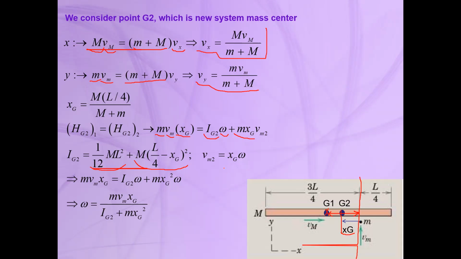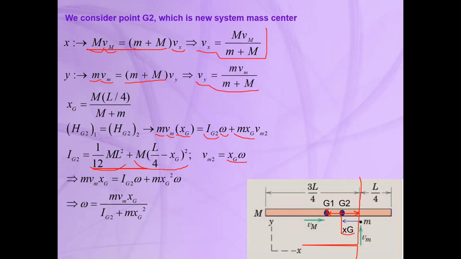And also we know that the velocity of the particle after the impact is equal to xg times omega, because we can assume that this bar is rotating about point G2. So the velocity of this particle, which is located at a distance of xg, is equal to xg times omega.